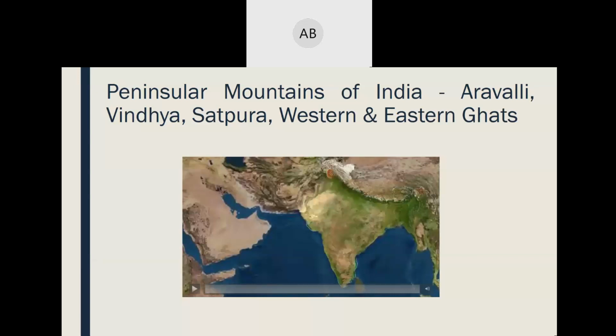But before we do that, I would like to show you one video that shows the various ranges of mountains and the hills which are instrumental in affecting many of the geographical features of the country, particularly the hills which are in the peninsular region.